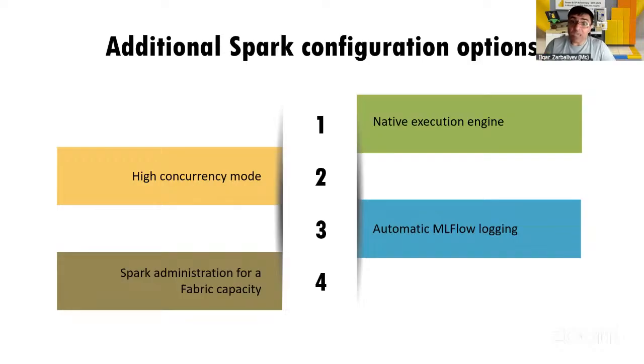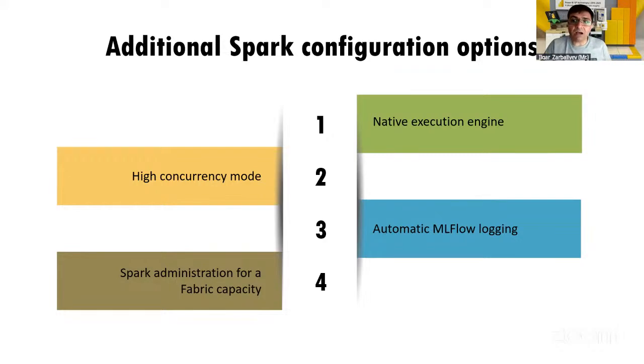We have now covered the key configuration options available in Microsoft Fabric, from Spark pools and environments to advanced capabilities like the native execution engine, high concurrency mode, and automatic MLflow logging. While these settings help optimize how Spark runs behind the scenes, the real value comes when we start using Spark to process data.